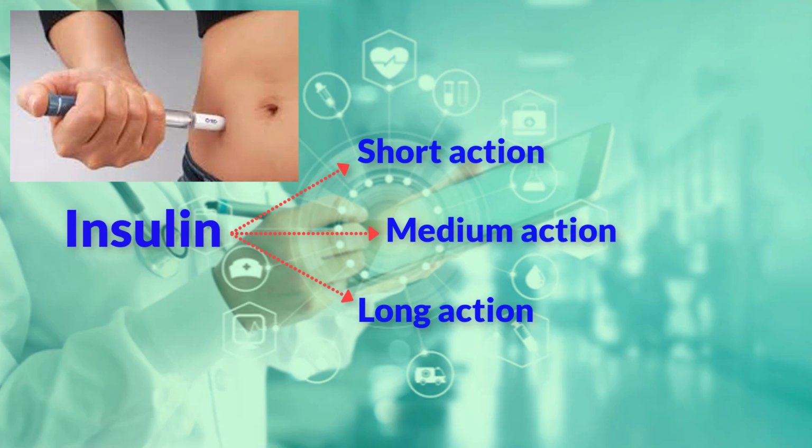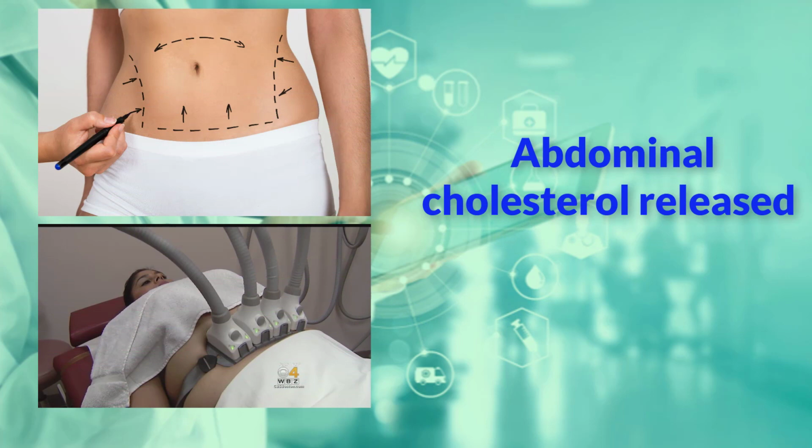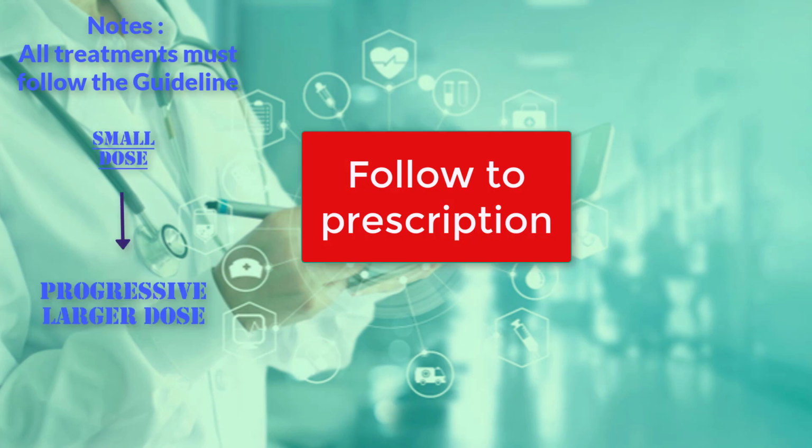Besides this, we also use surgery to release cholesterol from the abdomen and intestinal bile surgery to release cholesterol from blood, and then blood sugar decreases. So, the right treatment is that we go from low to high level. You should not treat with any method you want, but you must follow the doctor's prescription.